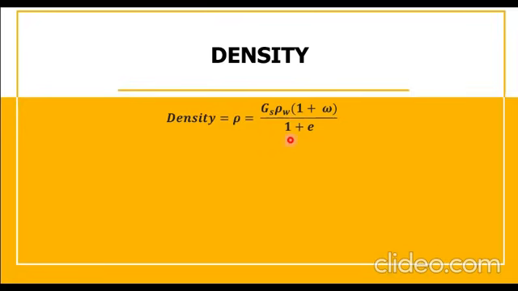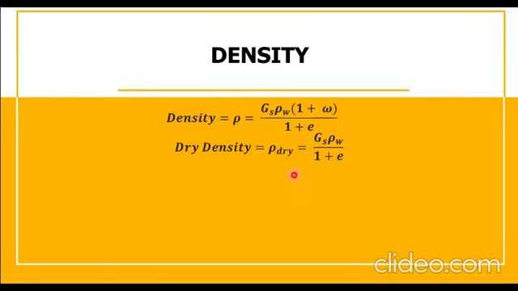So, that's why the density of soil is equal to G plus G omega multiplied by density of water, all over 1 plus E, or pag sinulat natin siya, this will be equal to G plus G omega or GMC over 1 plus E multiplied by density of water.